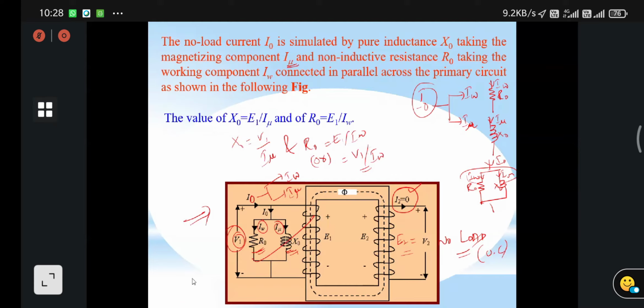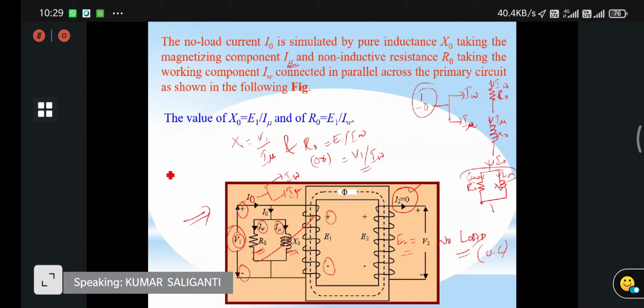Dear students, have you understood this concept? Actually we have no polarities here, but I have mentioned polarities, so imagine it like that.